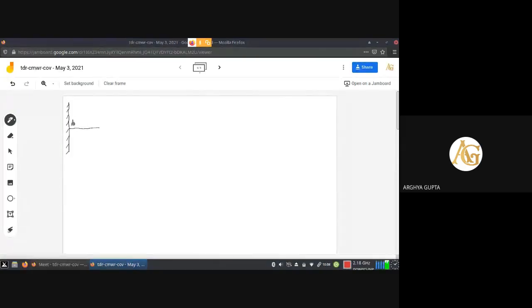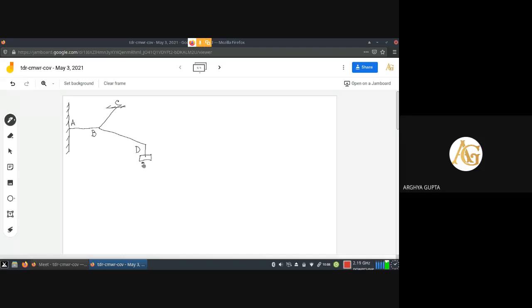Let us say it is end A. This is end B. The string is attached here. So this point is C. This is D point.